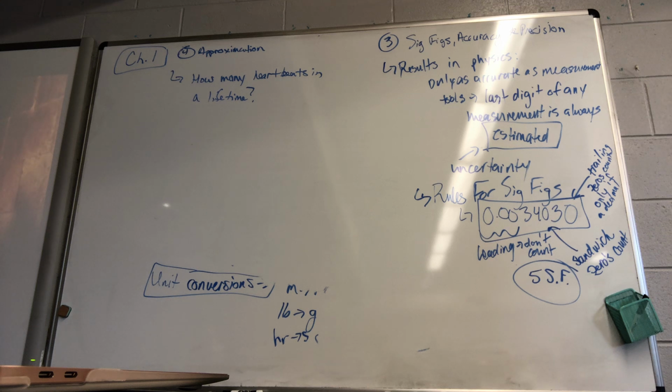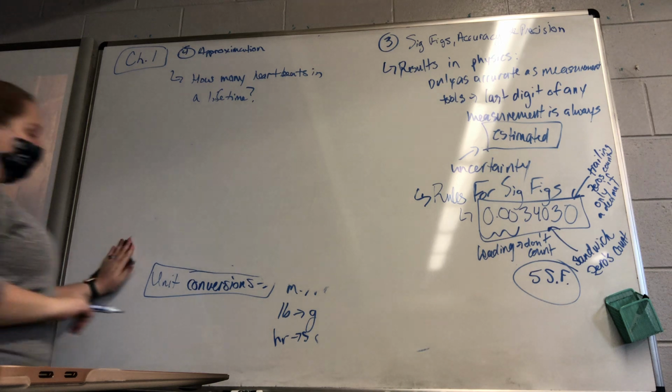The average heart beats 72 times a minute. Then you can multiply the number of minutes in a day up to the length of the average human lifespan. As long as you can reason out why you're making the approximations or the assumptions you're making, that's what we call a reasonable approximation. Okay.